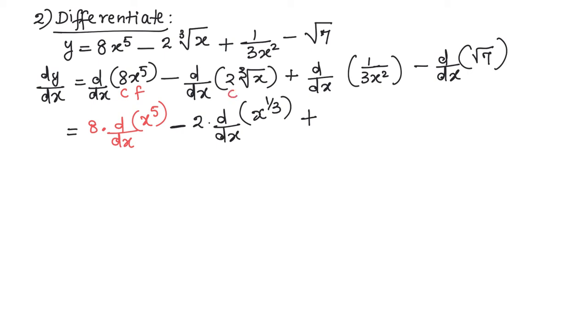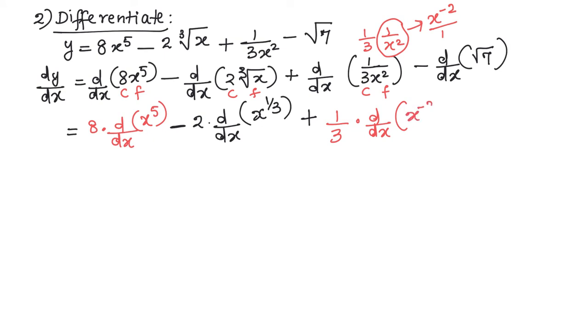The constant is 1/3, the function is 1 over x squared, so I can rewrite this as constant times the derivative of the function. The function I can rewrite as x to the power negative 2 if I move that x to the numerator. Then this last term is a constant, so the derivative of a constant is 0.